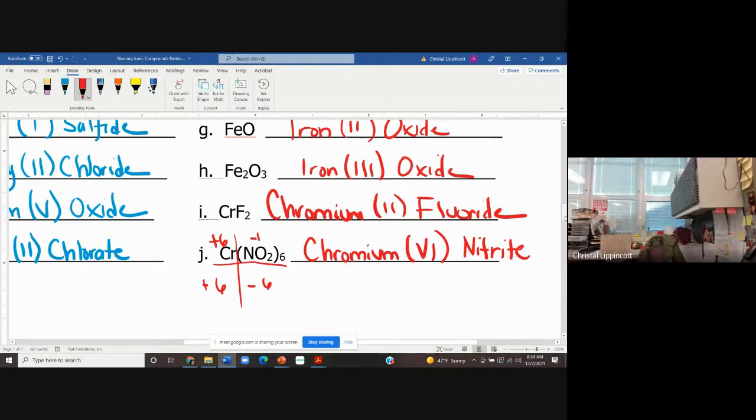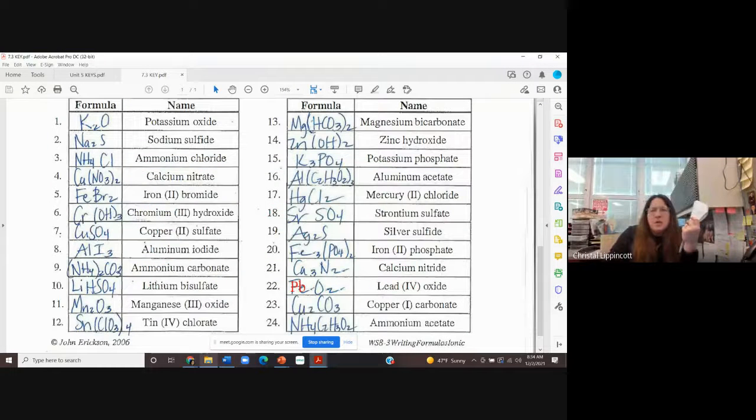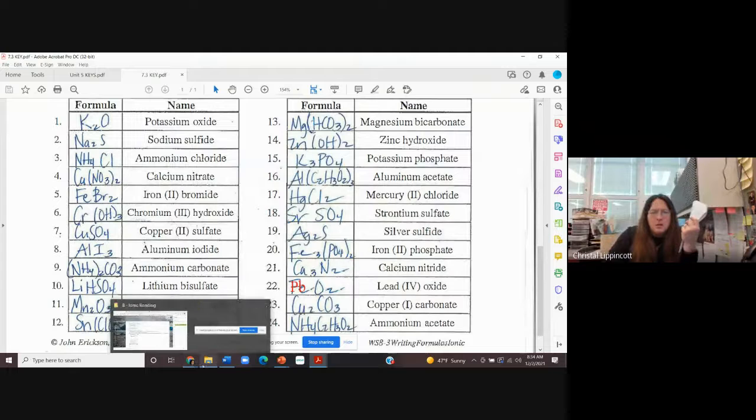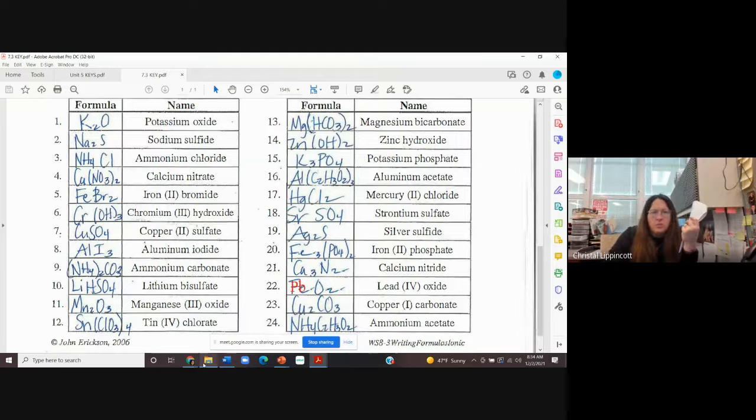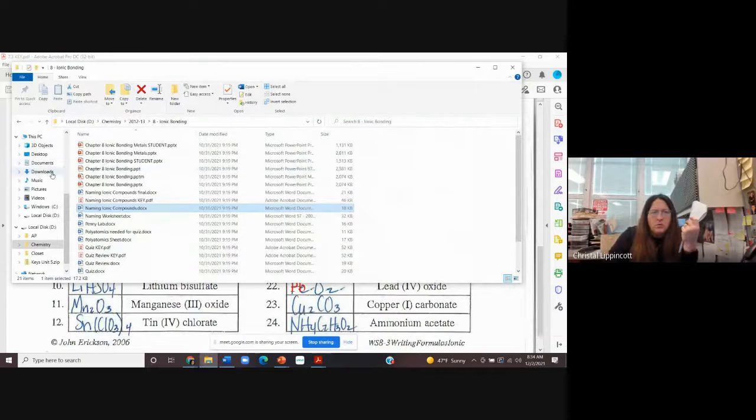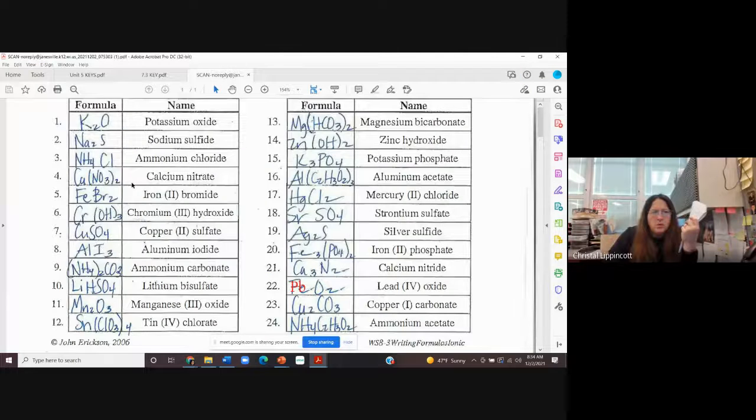So I want you to go back one sheet, and you're going to find a sheet that looks like this. See that? That's part 1. Let me find it on here. I had it downloaded. Here we go. Nope, that's not it. I know I downloaded it. Downloads. There we go.